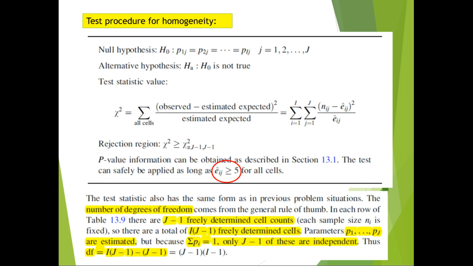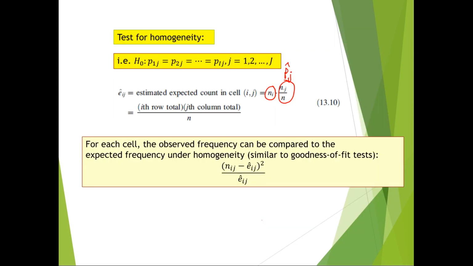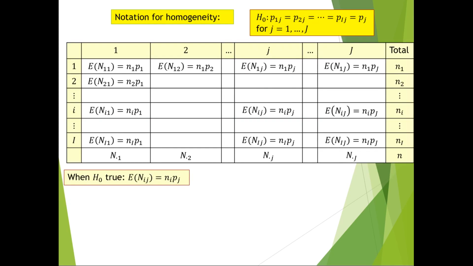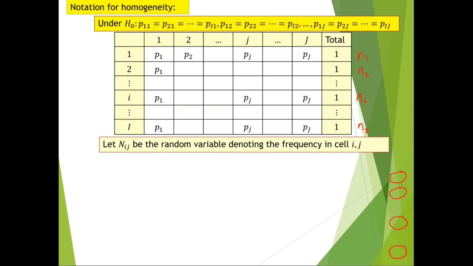And now the degrees of freedom. The degrees of freedom is I minus 1 times j minus 1. Now this is explained in the paragraph below, but let's just look at that. Remember, if we go back to table 13.9, this is basically the table.